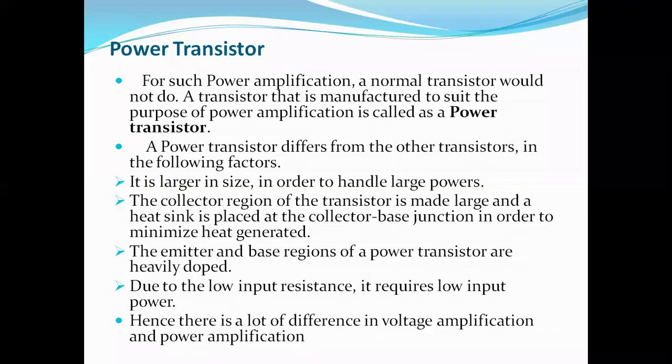Next, the input resistance is also low, and due to the low input resistance, it requires low input power. So hence there is a lot of difference between voltage amplification and power amplification. So these are the differences of power transistor with normal transistor.